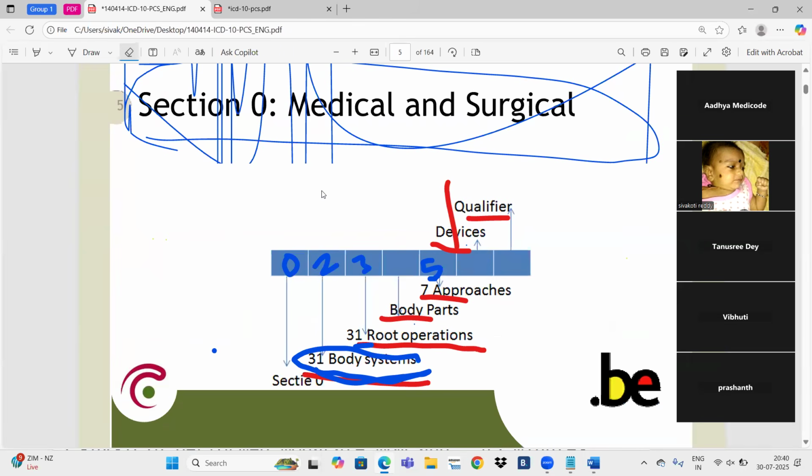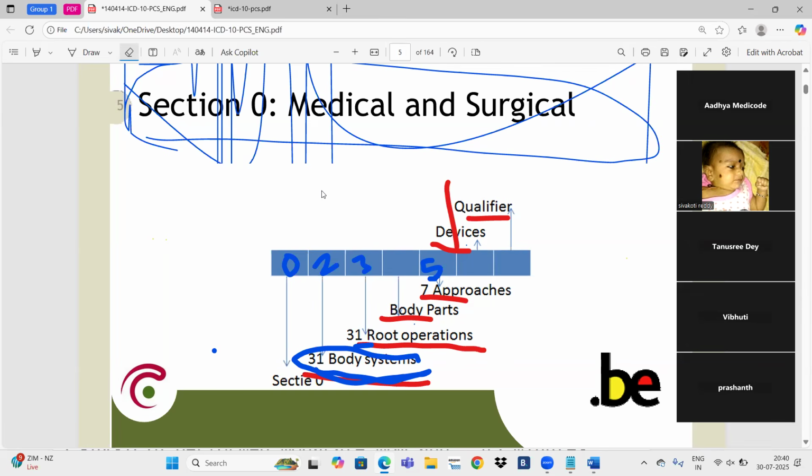Fourth character represents the site of the procedure or location of the procedure. Wherever they done the procedure, that location will represent the fourth character. There are no fixed values because we have a lot of body parts. Based on the procedure, we need to find that body part. That's it.